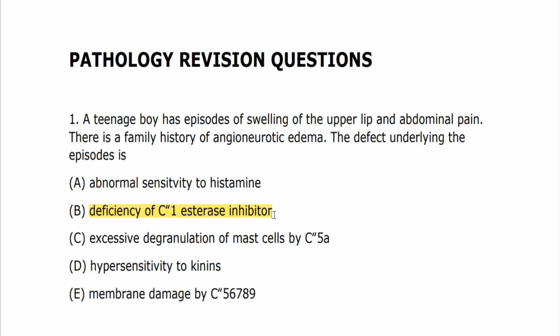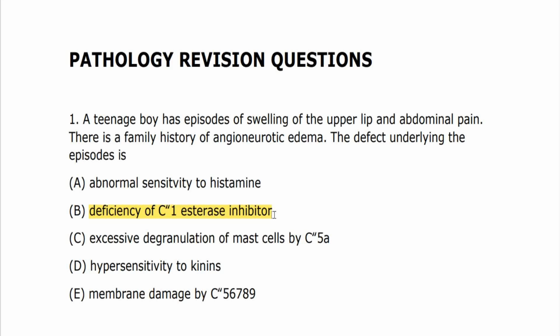Now, C1 esterase is the enzyme, the protease, that activates the complement system in such a way that if it is overactive, you have more production of the downline products of the complement system.